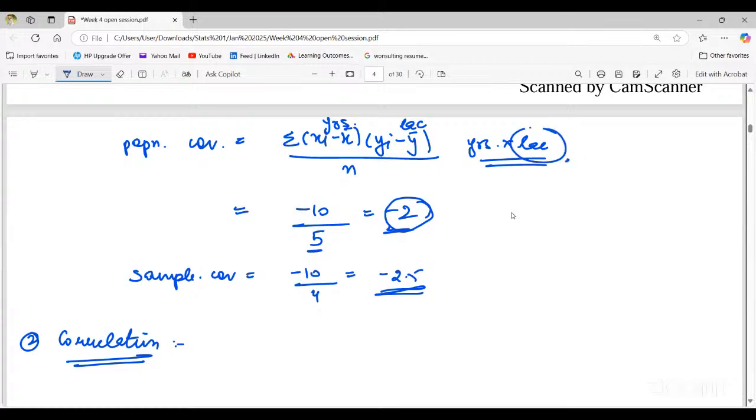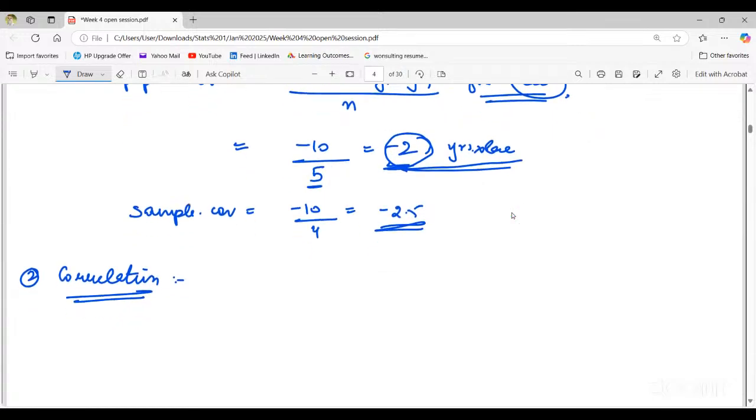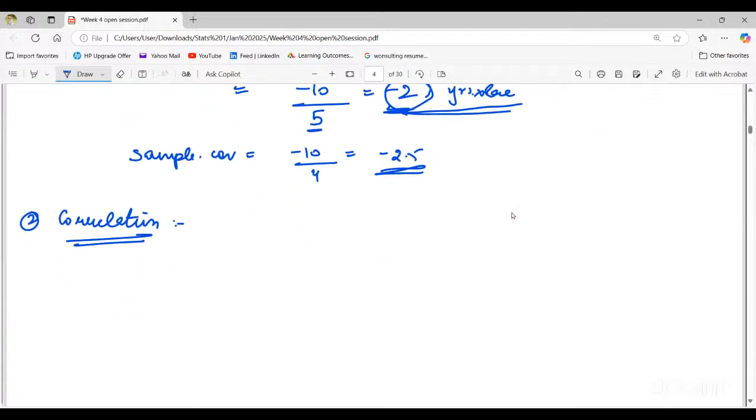So it would be minus 2 years into lakhs. Is it representable? Have you ever seen a unit which is having this type of units? No, right? So that's why we calculate another value which is unitless.